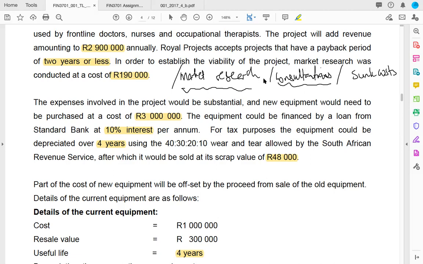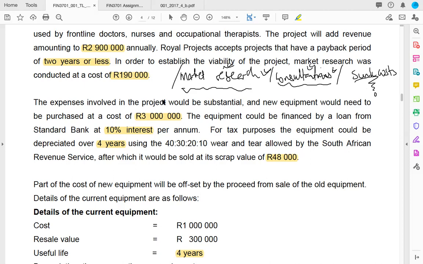These costs will never be recovered. If you decide not to pursue the project, the money you spent on market research and consultancies would never come back. Let's say you do your analysis and you decide, no, we won't pursue this project. The money you had already spent on market research and paying consultants with regards to the investment will never come back. It's a sunk cost, even if you decide not to invest in the project.